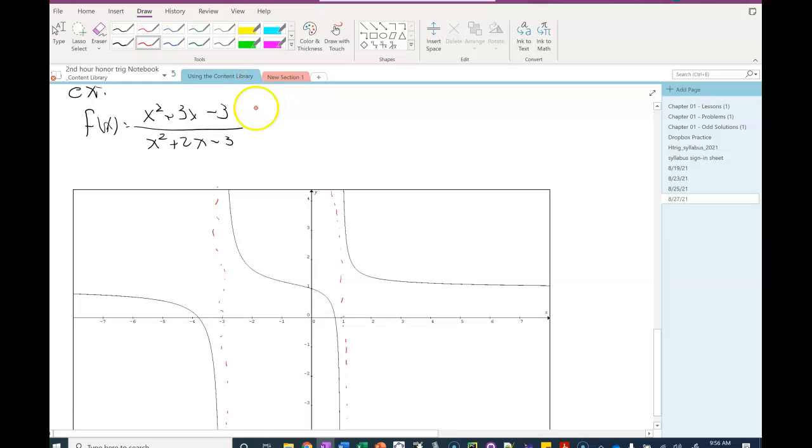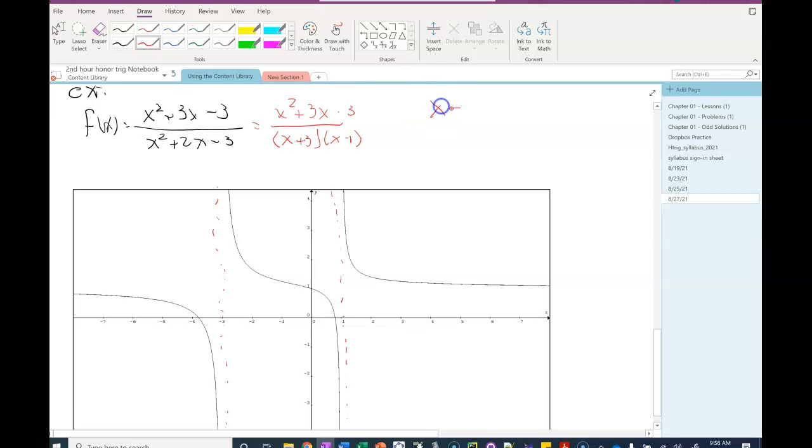In this case, the numerator does not factor, so I don't have to worry about that, but factoring the denominator, I need two things that multiply to give me -3 and add to give me +2.